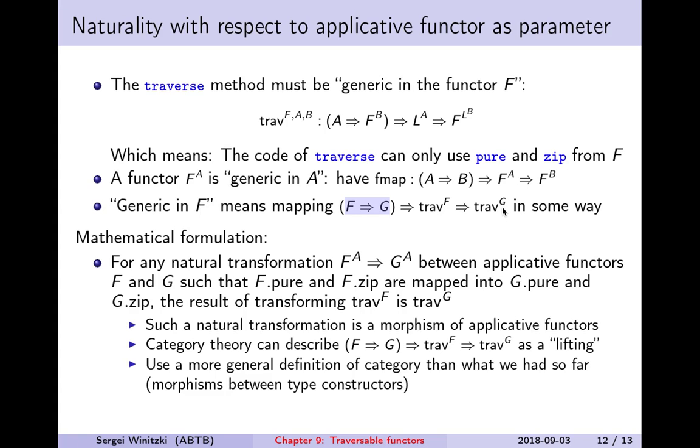And so that requires a more general definition of category than what I have given so far, where in the definition I've given so far, morphisms were just twisted function types, but now we need morphisms between type constructors, or even more restricted ones, morphisms between applicative functors with extra properties.